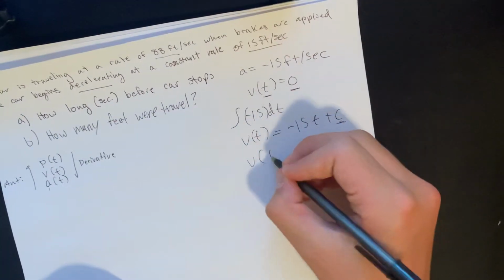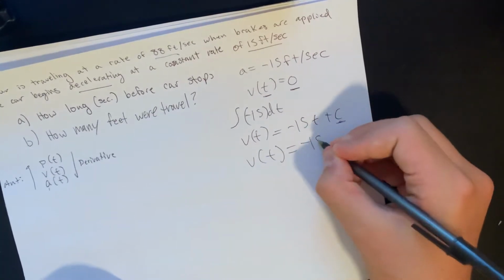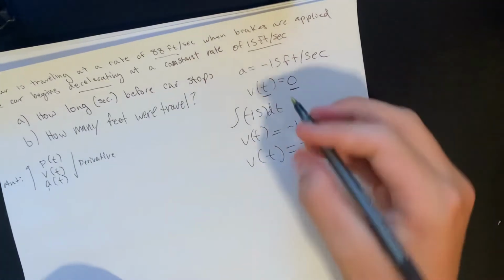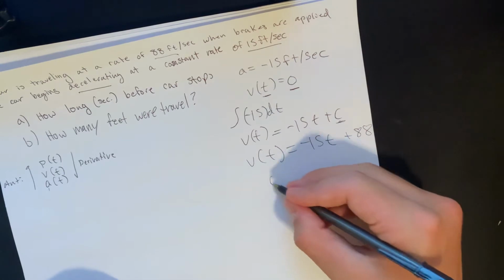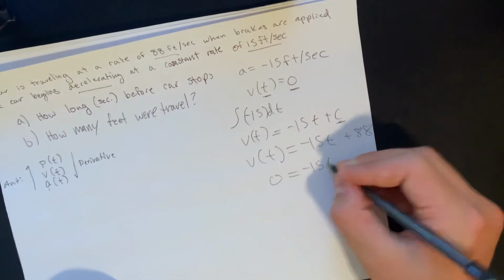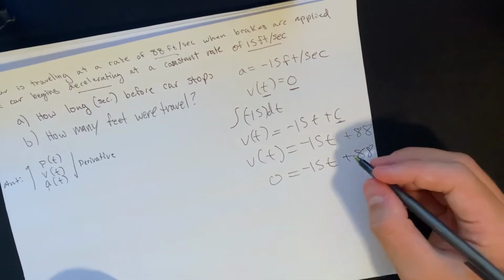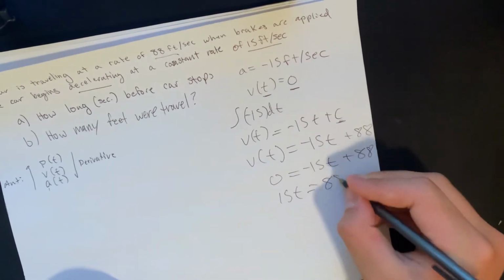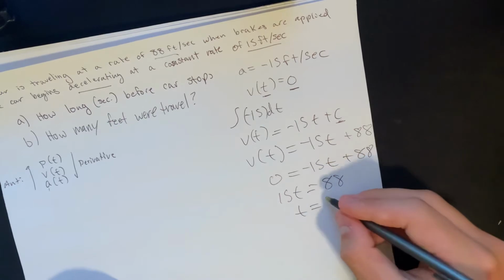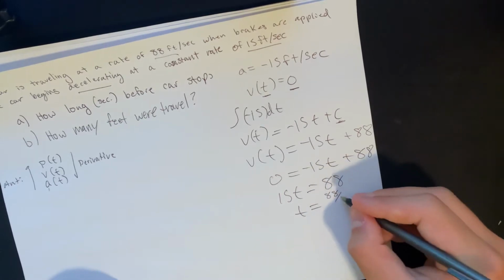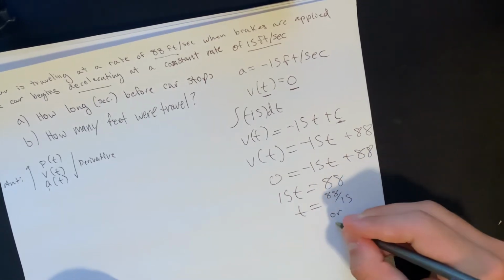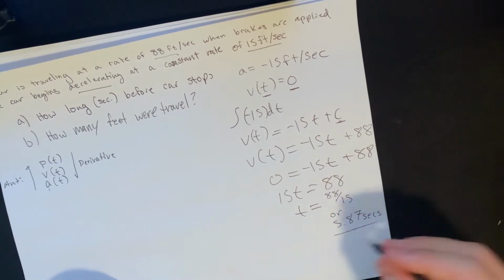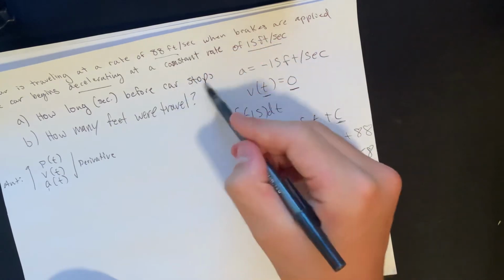So then our v of t will be like this. And then from there we can solve for 0. So we get 0 equals negative 15t plus 88. This works out to be 15t equals 88. T equals 88 over 15, or 5.87 seconds. And that's how long it will take for the car to stop.